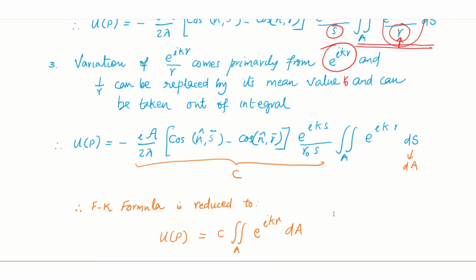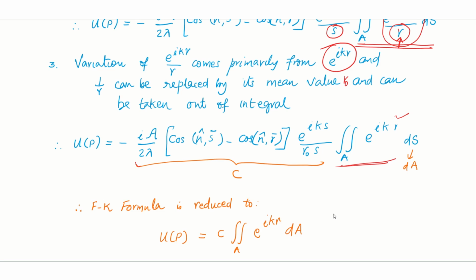And therefore we have a large number of terms taken out of the integral. What is left is e to the power i k r by r. What we have to do is to integrate this. In most cases it's relatively straightforward to integrate that.